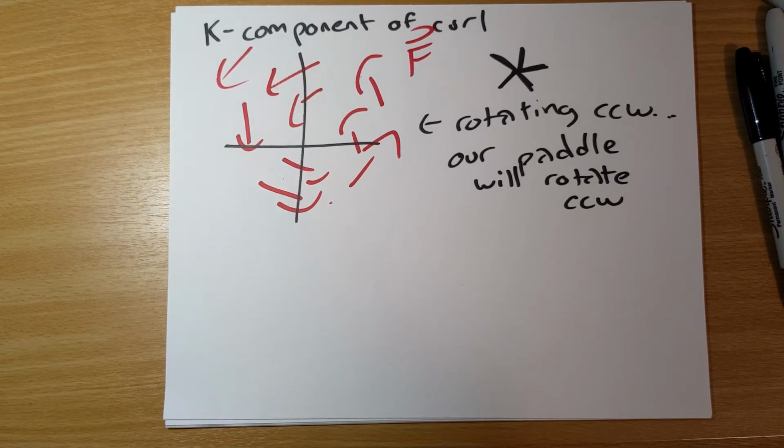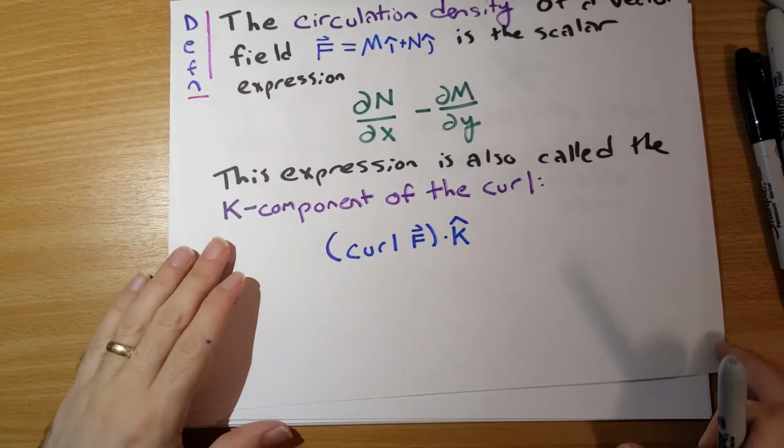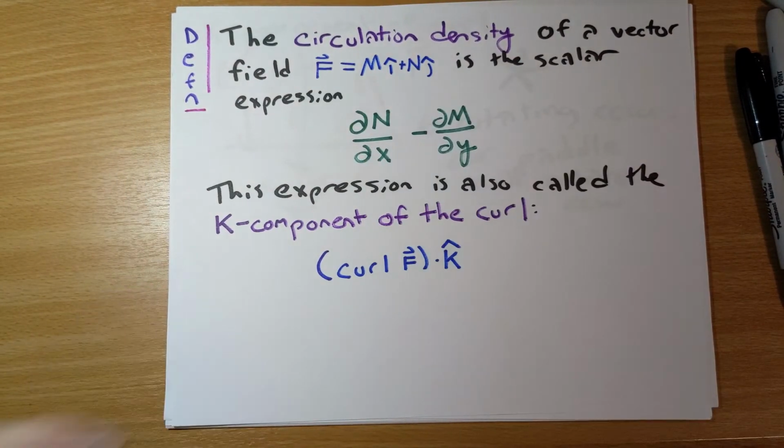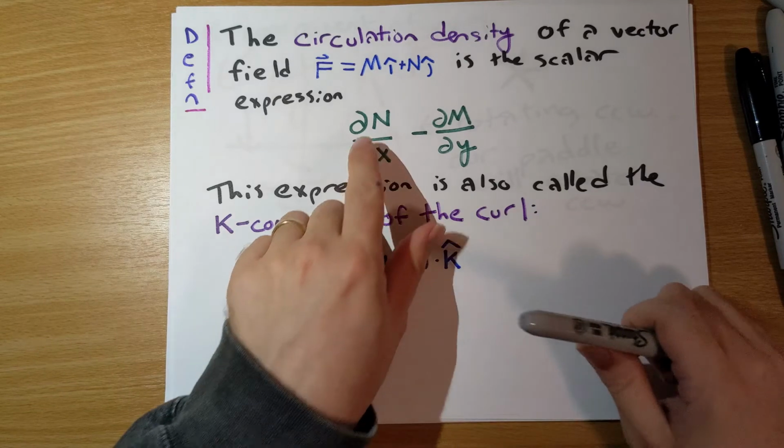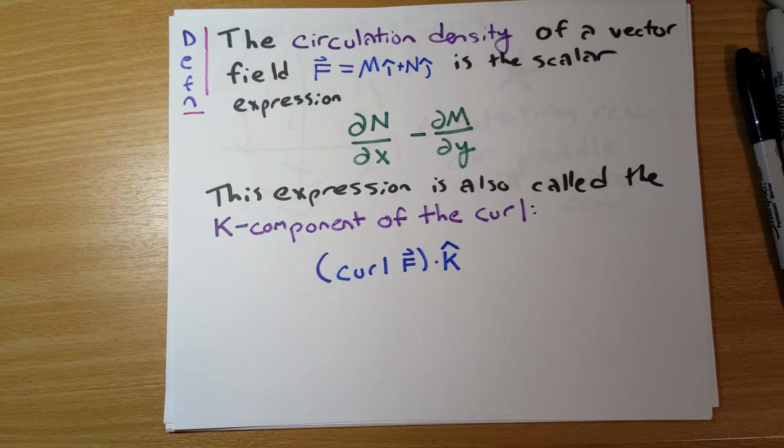This turns out to be exactly the motivation behind the k component of the curl. So here's our definition. The book starts off by calling the circulation density of a vector field F equals m i hat plus n j hat the scalar expression partial derivative of n with respect to x minus partial derivative of m with respect to y.